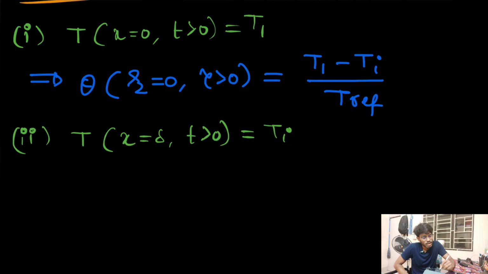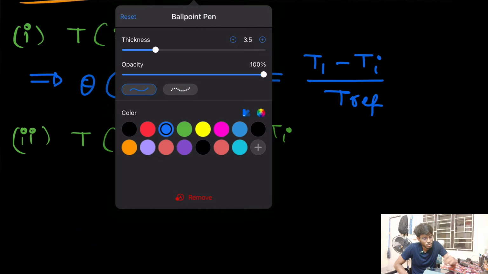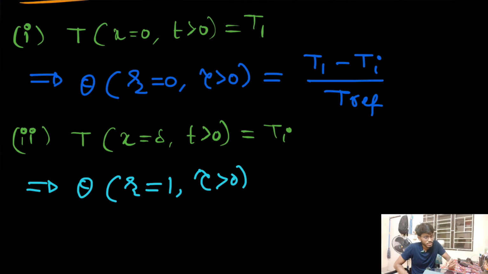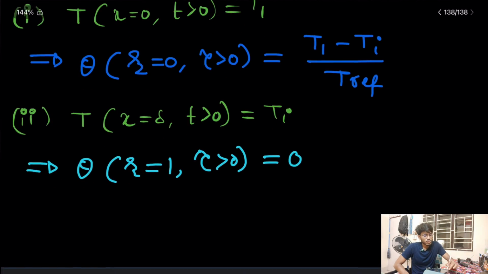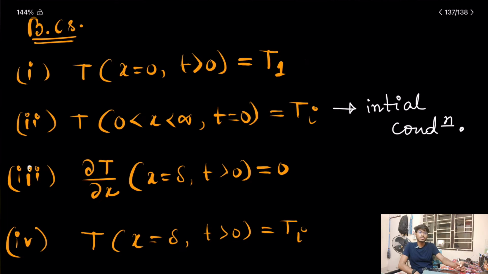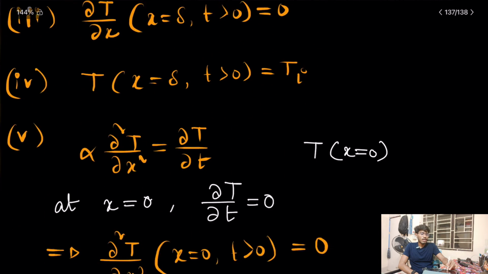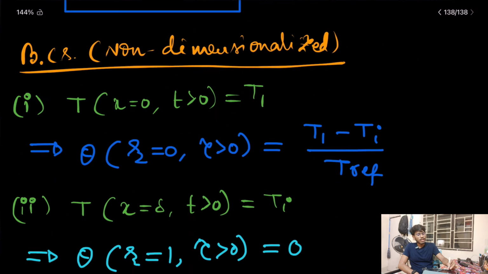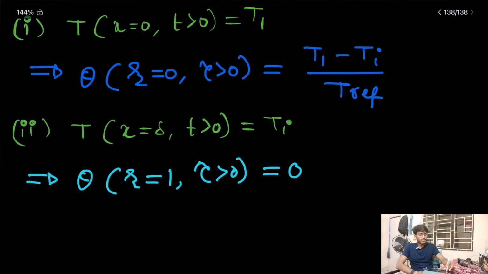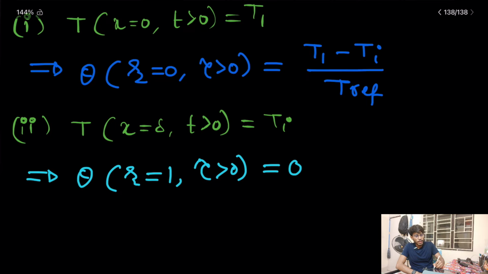So that will lead me to this one, and that will be 0. I am just changing the color because that will give me a good contrast. Now you see that I have already converted an inhomogeneous equation into a homogeneous equation, and we always like homogeneous equations for obvious reasons.